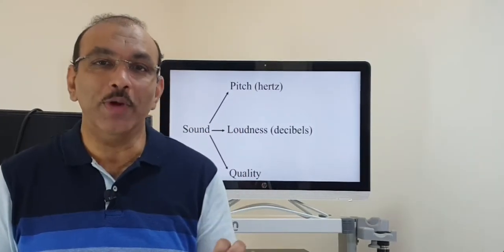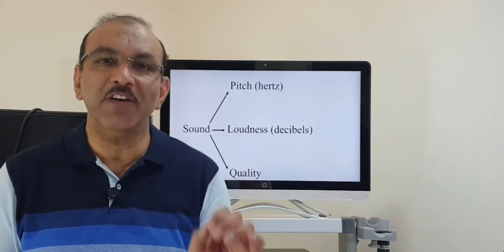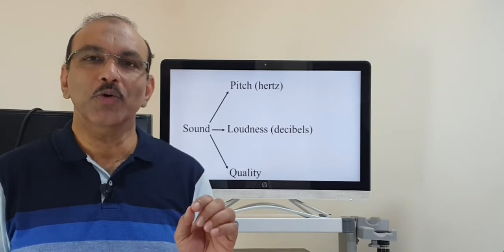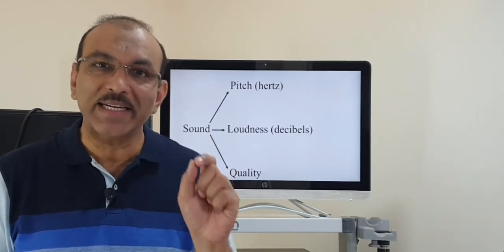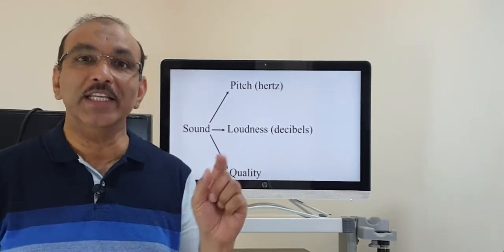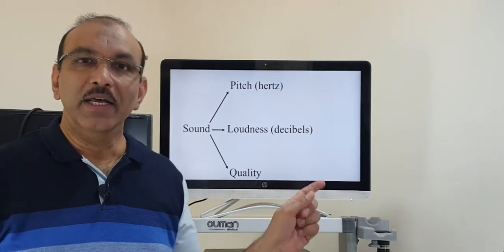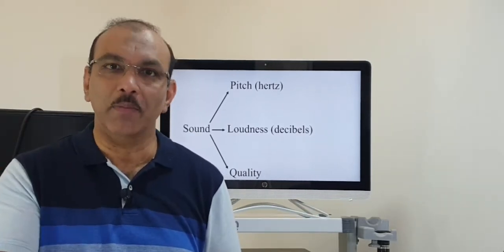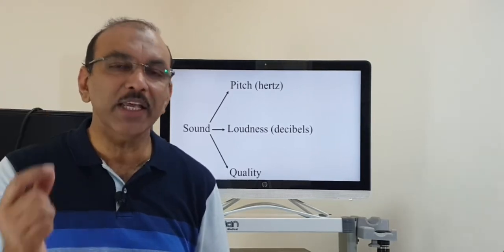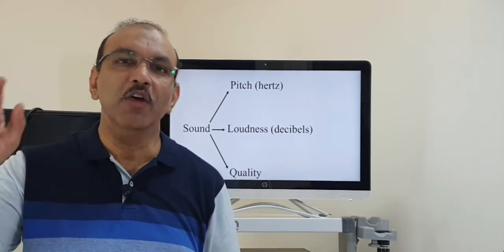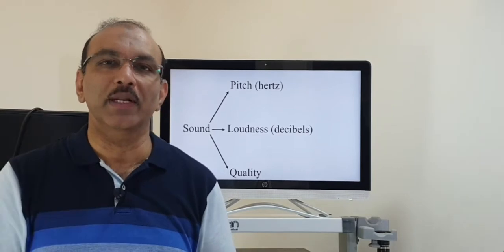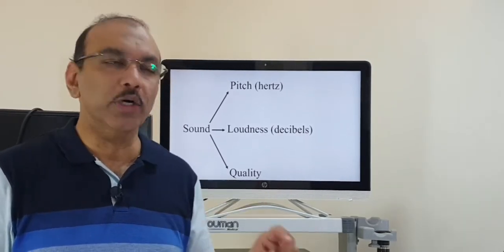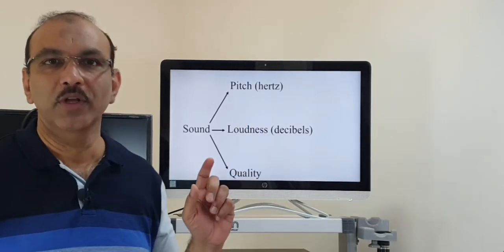That characteristic of her sound, that is quality, is specific for every person. If somebody is coming from outside, just by hearing the sound, without seeing the person, we know that such and such person is going to come in. That is quality. Now, for us in pure tone audiometry, what is important is pitch and loudness.